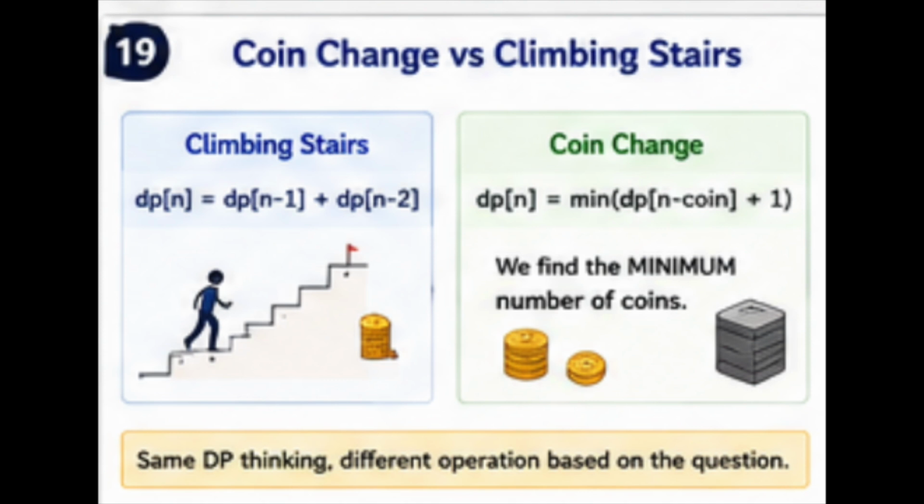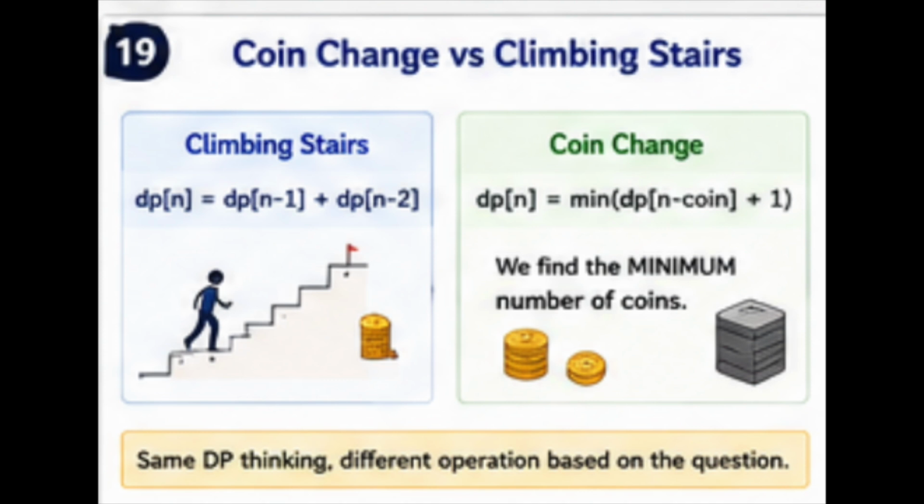If you have watched our previous climbing stairs problem, you might notice something interesting. Both problems use dynamic programming, but the questions are different. In climbing stairs, we are asking how many ways are there, so we add possibilities. In coin change, we are asking what is the minimum number of coins, so we take the minimum. This is a very useful thing to understand.